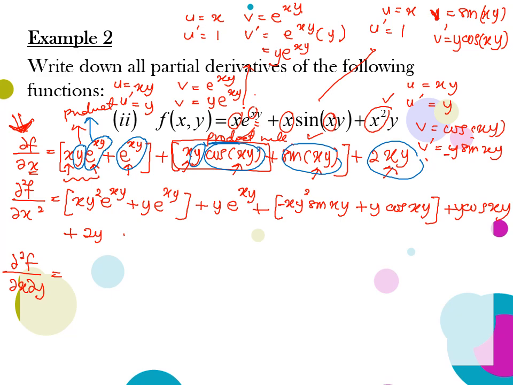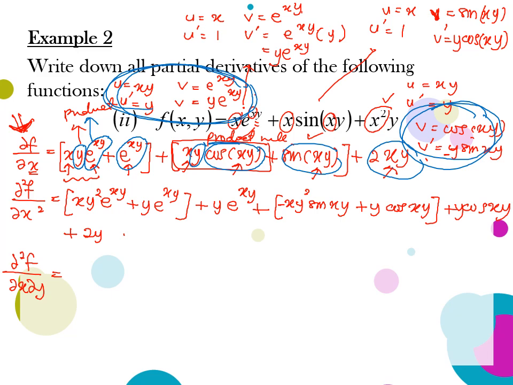Right, so you will repeat whatever you do here and here, 2y. Okay, this one we do for x. This is also for x. Now you are interested to do for y, so concentrate on y, but you still need to perform the product rule because you have multiplication of the same variable here.